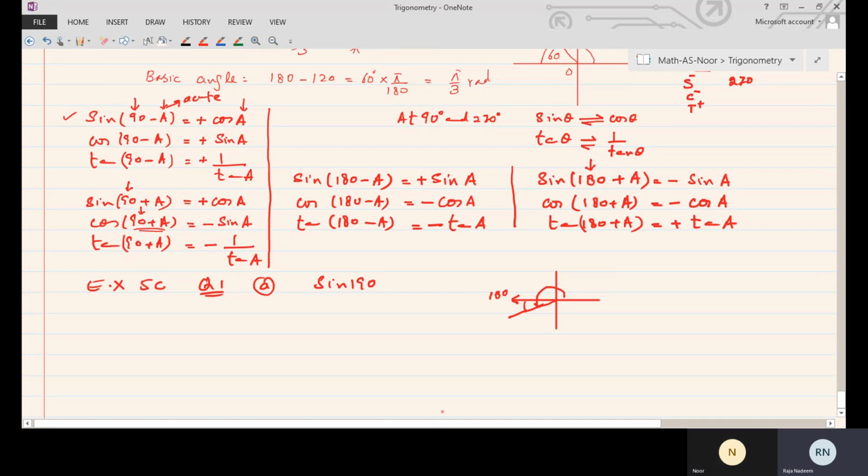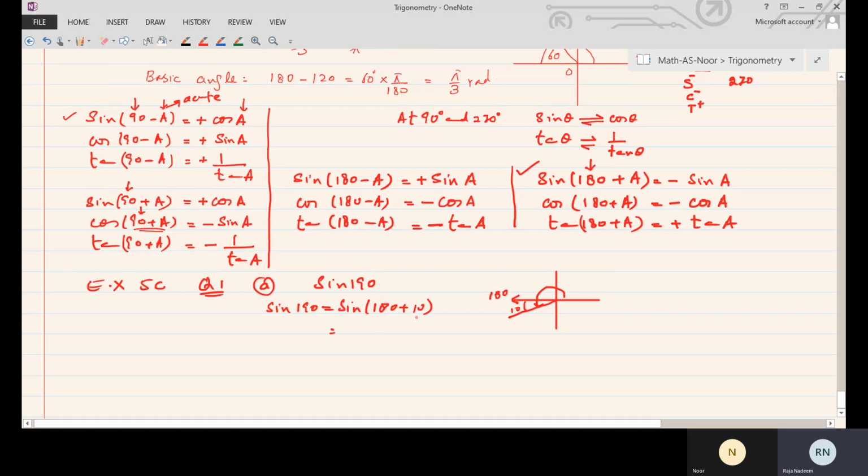So what would be the acute angle? The acute angle will be 10 degree. Now I'll write sine of 190 is equal to sine of 180 plus 10. Now this is the case of sine of 180 plus A, right?